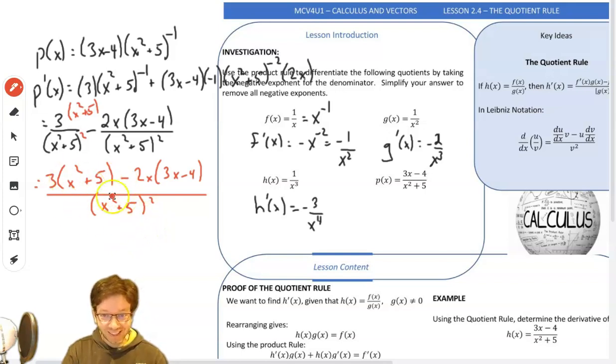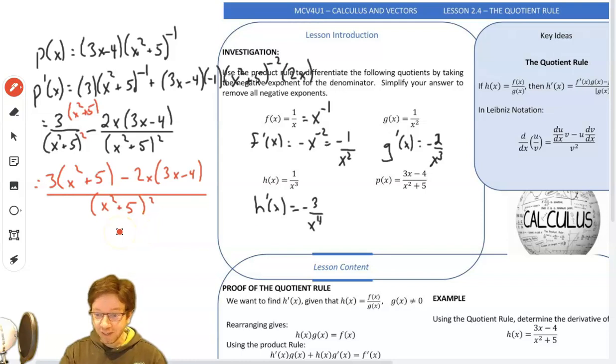So if you look at this and compare it to the original function p of x, it looks like we have the derivative of our numerator multiplied by the denominator, and then we subtract the derivative of the denominator multiplied by the numerator, and then we just divide by the denominator squared.